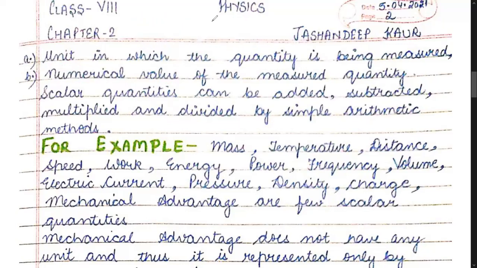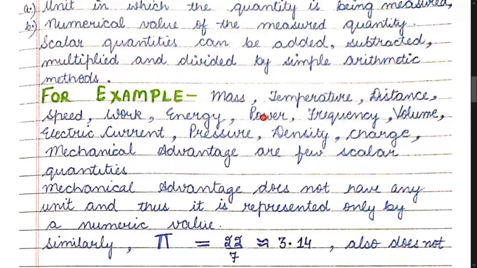Now children, scalar quantities can be simply added, subtracted, multiplied, and divided using simple arithmetic methods, which we are already doing in mathematics also.